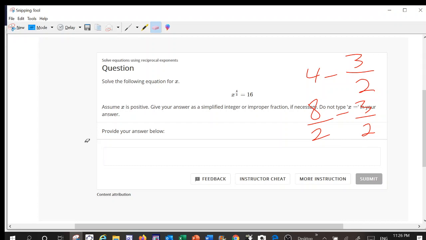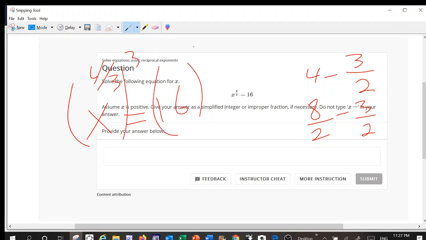So first, x to the 4/3 power equals 16. First thing, we get rid of this 3. We raise both sides to the 3rd power. So that would be x to the 4th equals 16 to the 3rd power. That's what we're going to get.